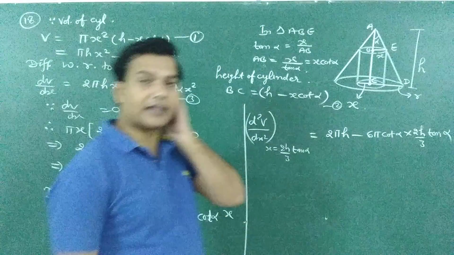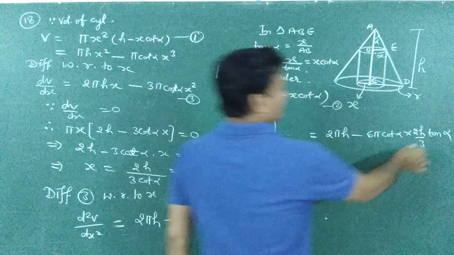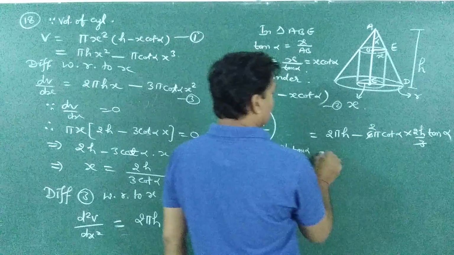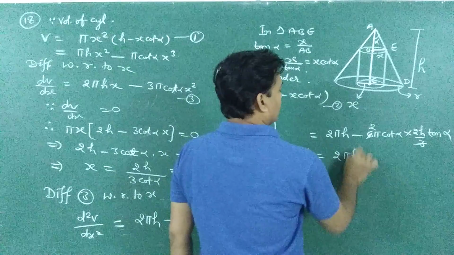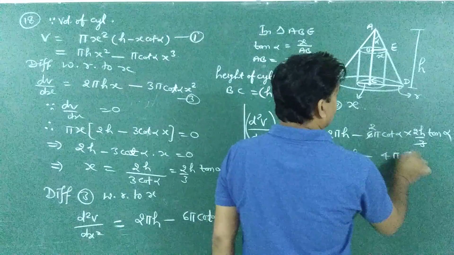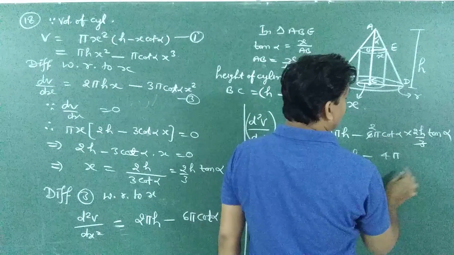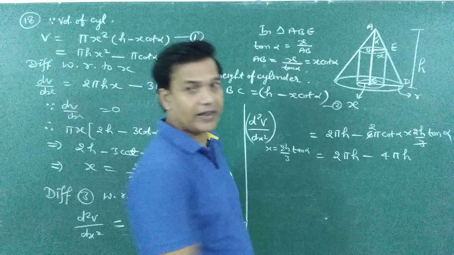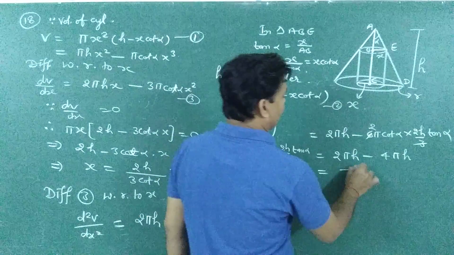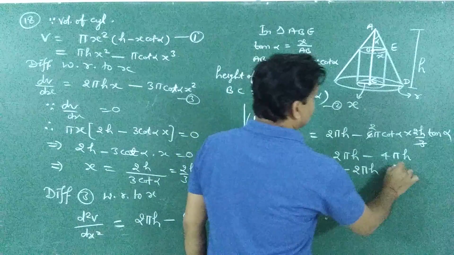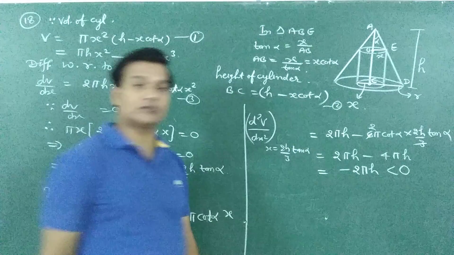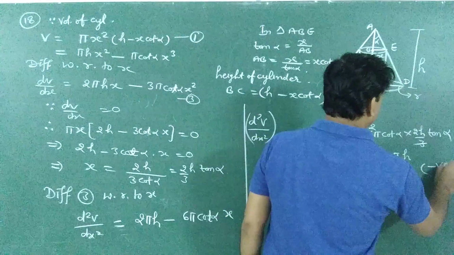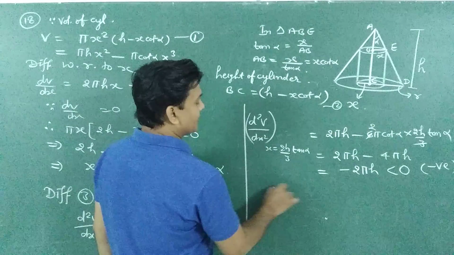Look here, this 3 cancels this 6 two times, 2 into 2, 4 pi cot alpha into tan alpha 1 and h. So 2 pi h minus 4 pi h will become minus 2 pi h, and hence this value is negative, and negative in the sense maximum. Therefore volume is maximum.